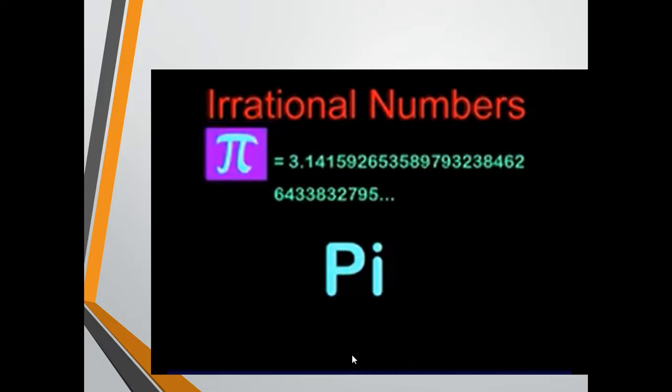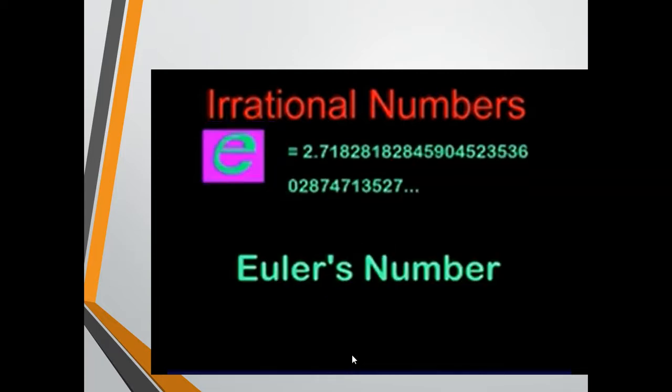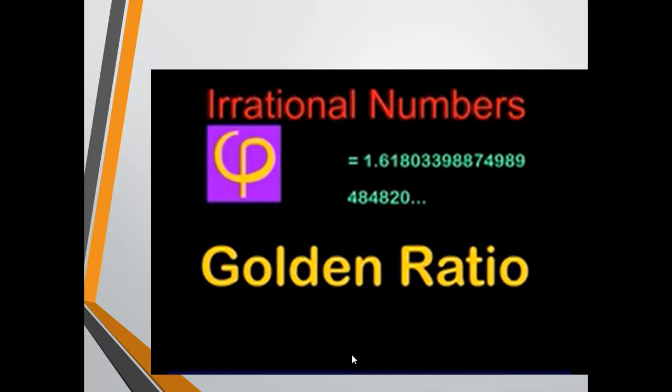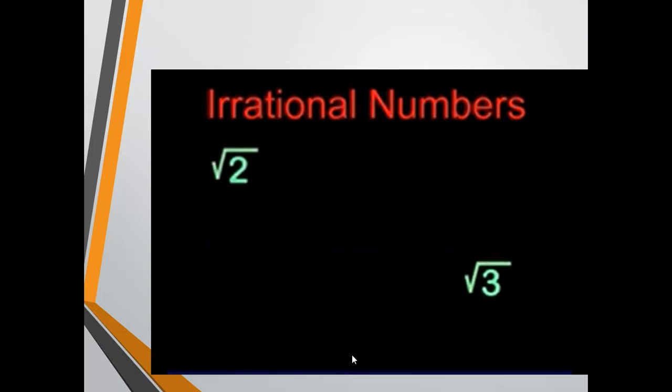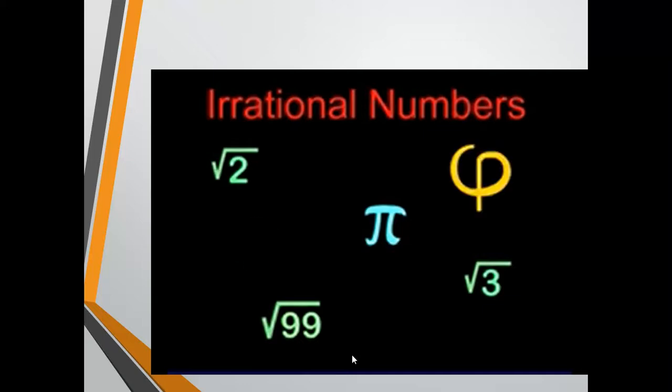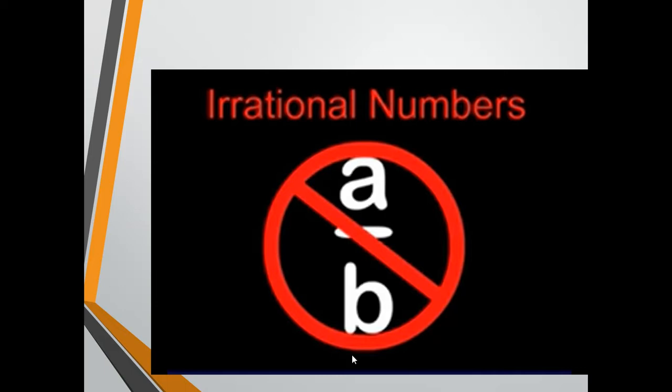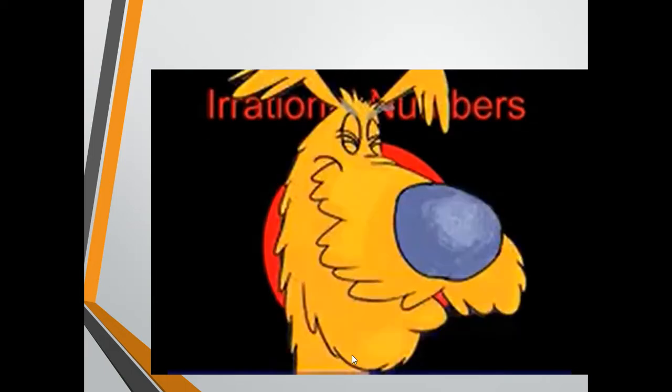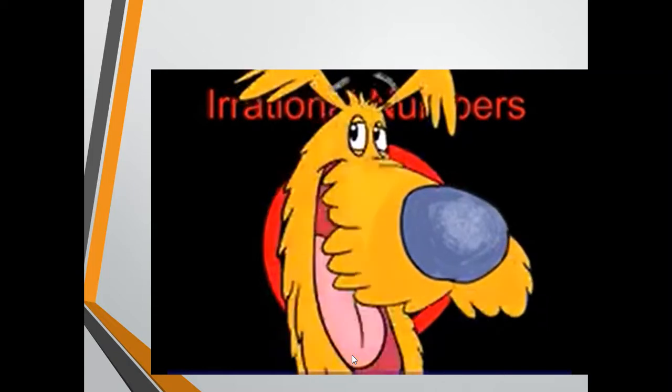Other irrational numbers are pi, Euler's number, and the golden ratio. In all of these cases, the numbers do not terminate. They go on forever and ever. This makes it impossible to write them as a ratio, A over B. So we call them irrational. Now I get it.